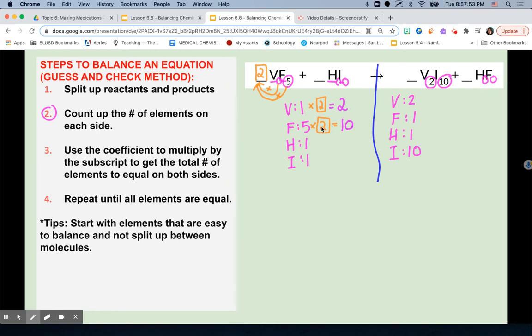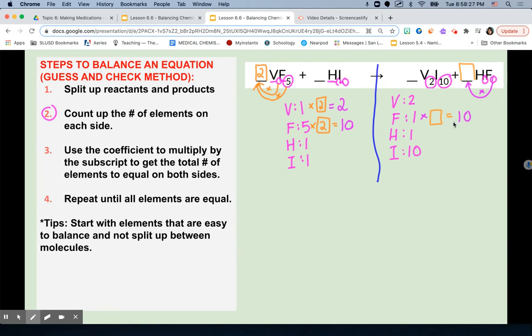Right. So since this is not equal and I have less Fs on this side, let's fix this side. So again, thinking to myself, this 1 F times what for the coefficients would equal 10 to match the other side, this 10.